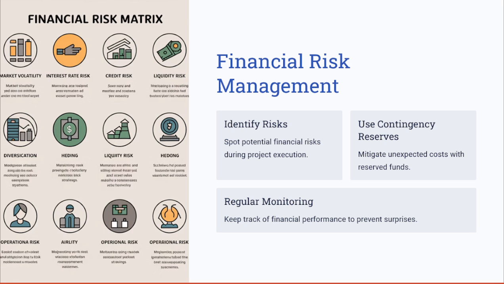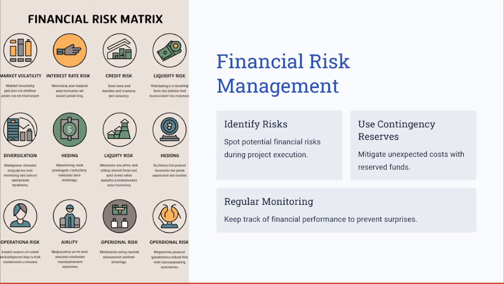Also, you need to have regular monitoring of the financial performance metrics to prevent any surprises. Continuous monitoring helps you take proactive corrective action before issues escalate. Let's take an example.